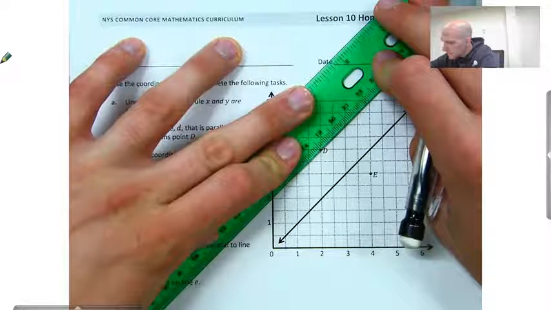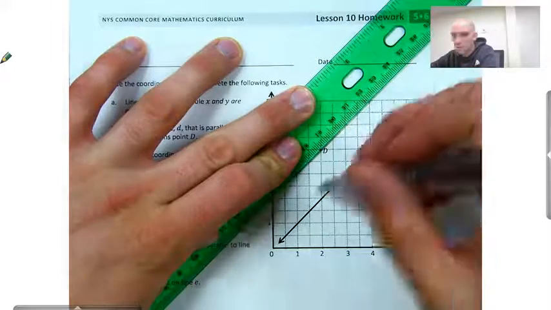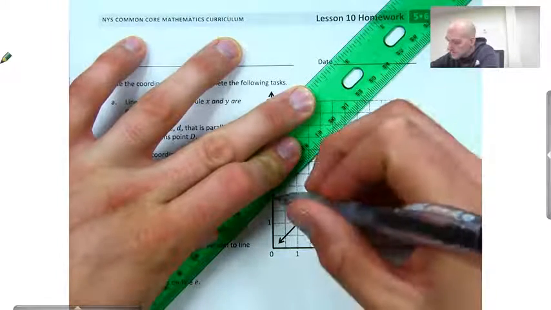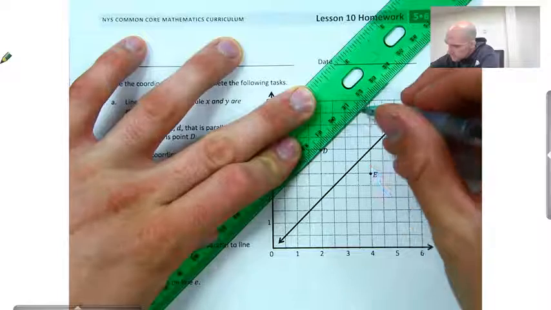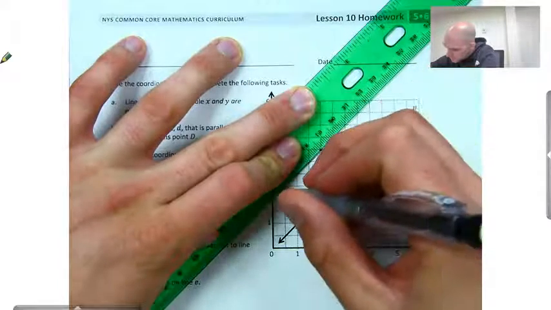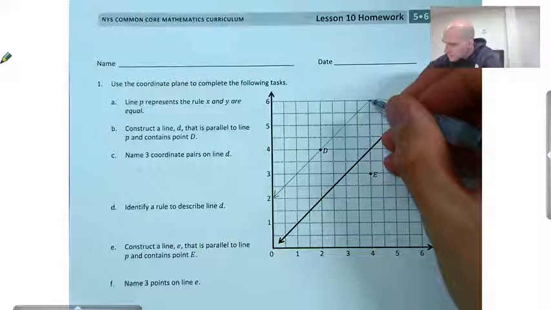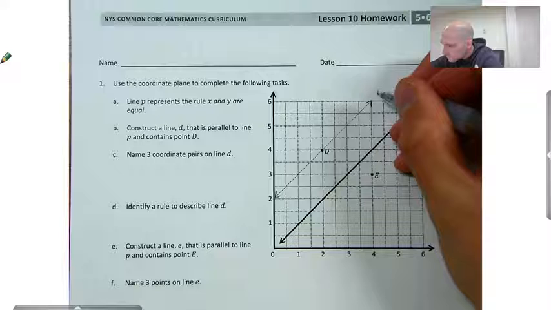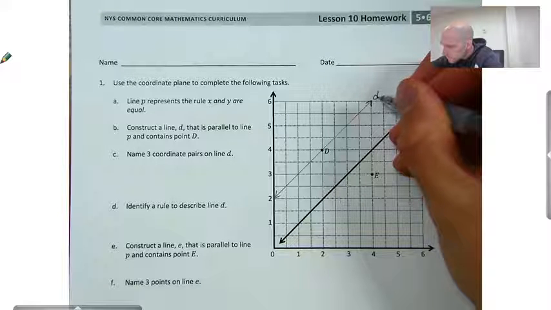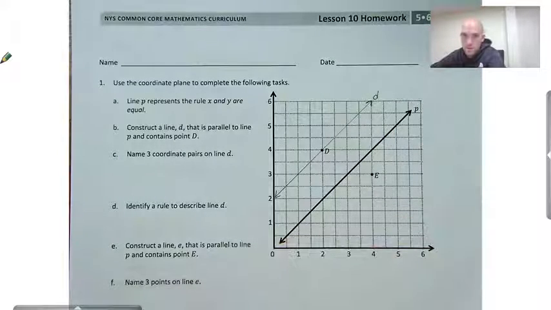And we're going to split those boxes at a 45-degree angle. Our angle will be the same, except this one's going to go through point D. So it's going to look kind of like this. And this is line D. All right, so there's D.